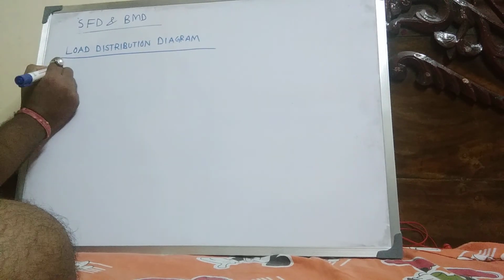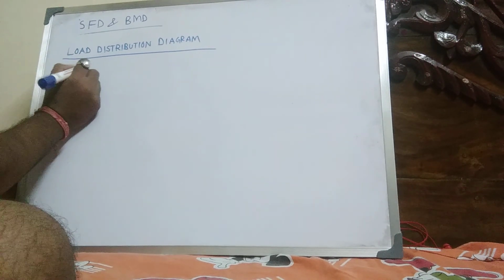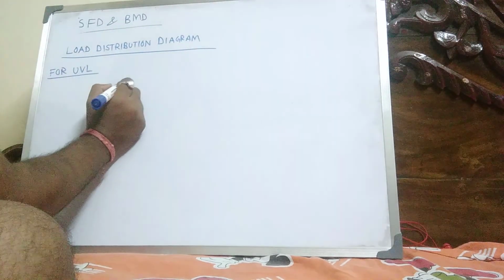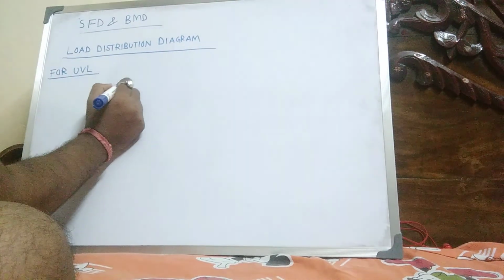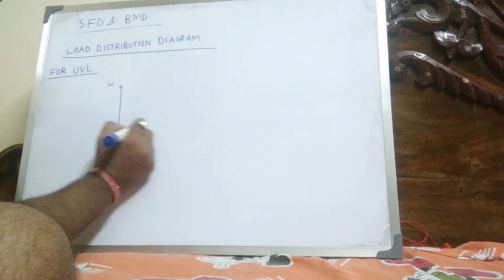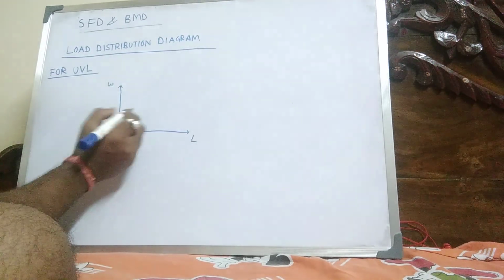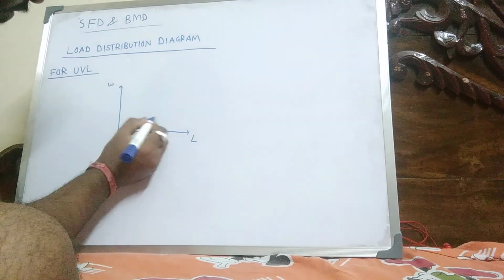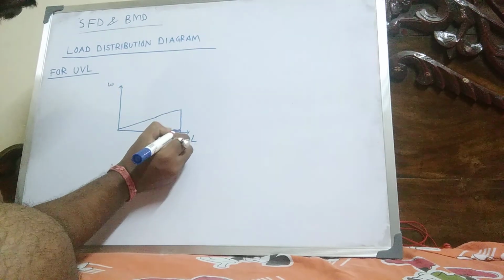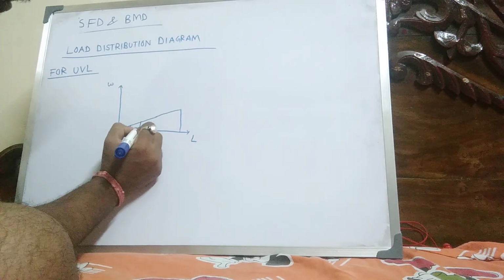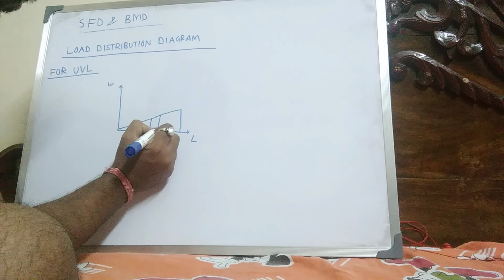Load distribution diagram for UVL, uniformly varying loads. This is W, small w, and a length. This is the uniformly varying load diagram.